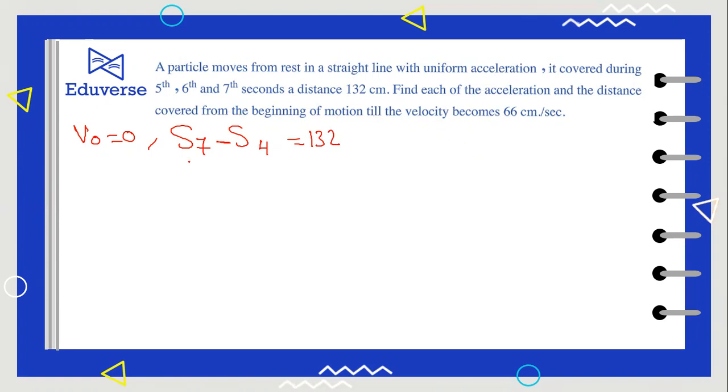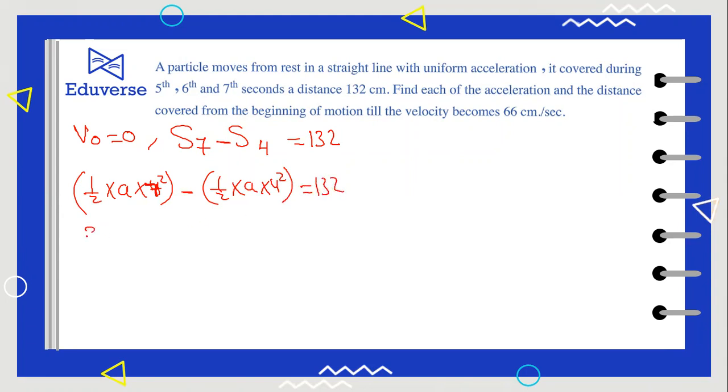Okay, firstly, I will find the acceleration. Here S7, V naught is 0, so I will depend on half A T squared. Half multiplied by A multiplied by 7 squared, minus half multiplied by A multiplied by 4 squared, equals 132.